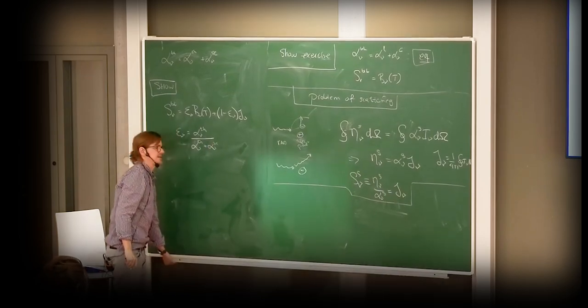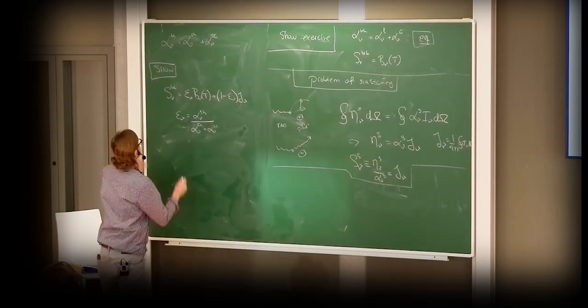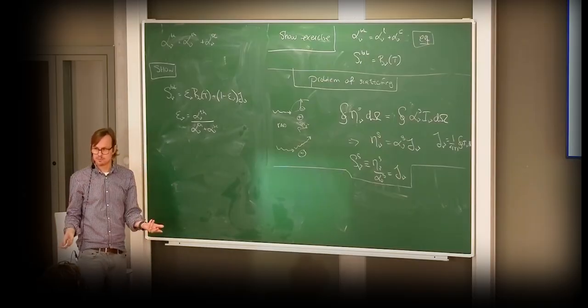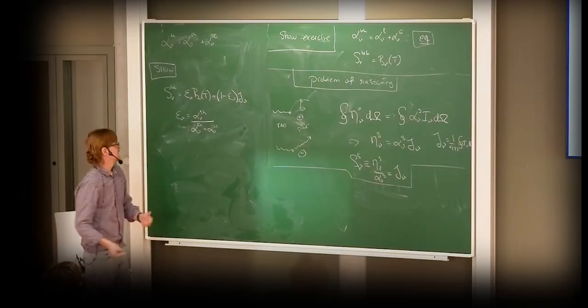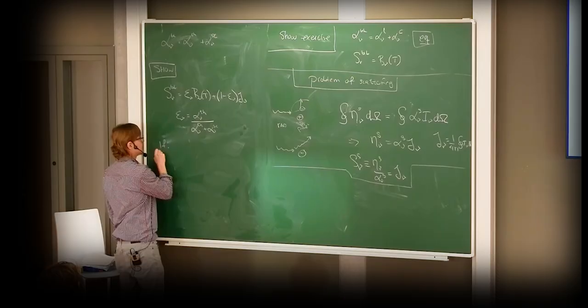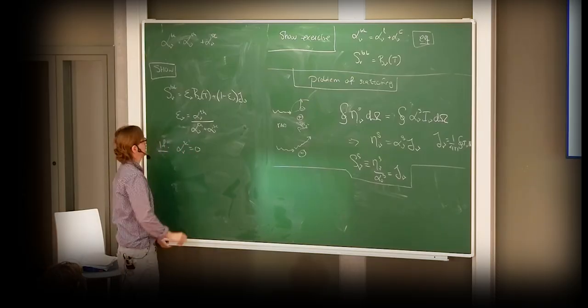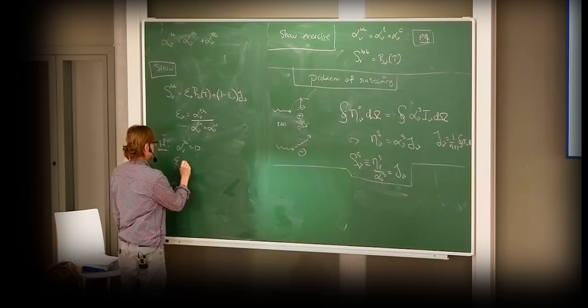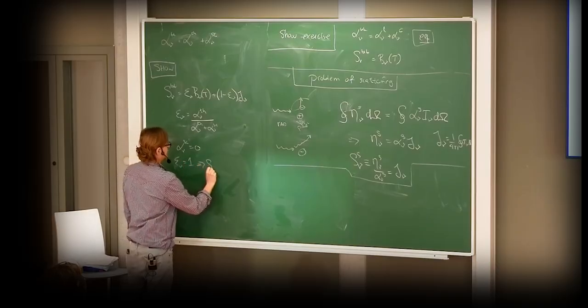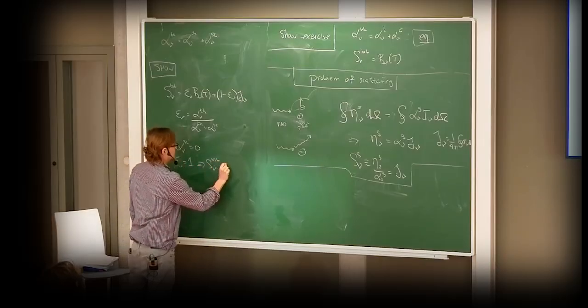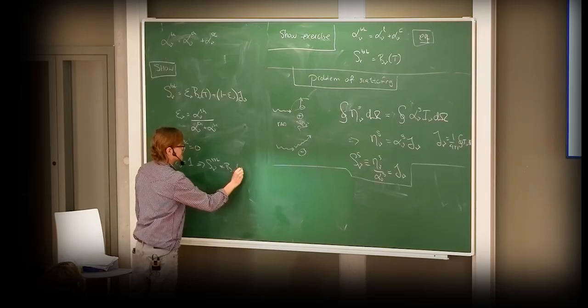So what does this mean? Well, it means that if you have only thermal processes, that is, if your alpha nu scattering is 0, only thermal, then you see that epsilon nu is 1 and your total source function is the Planck function, yeah?